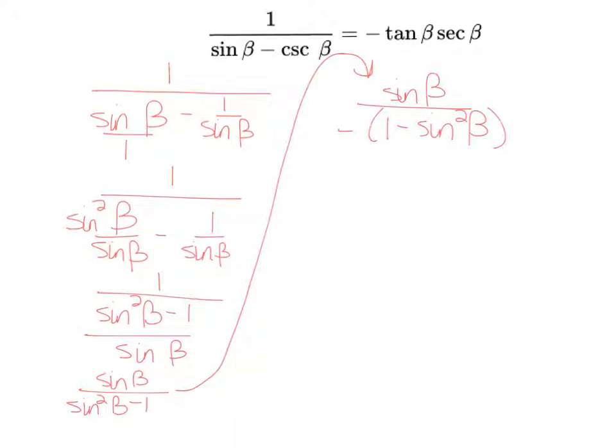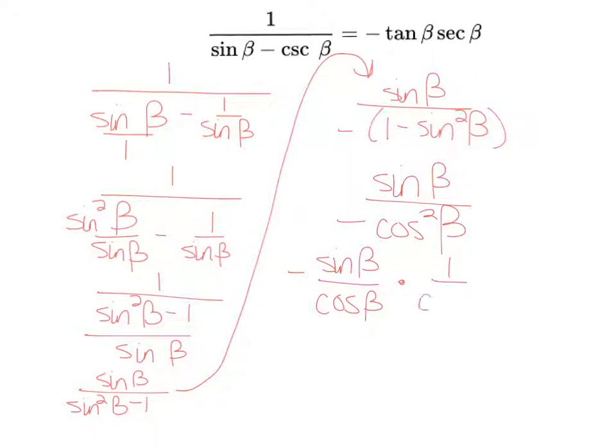Now, we know that 1 minus sine squared beta is cosine squared beta. Now we're going to do another fraction trick. We're going to keep that minus sign out there. We don't need to lose it.